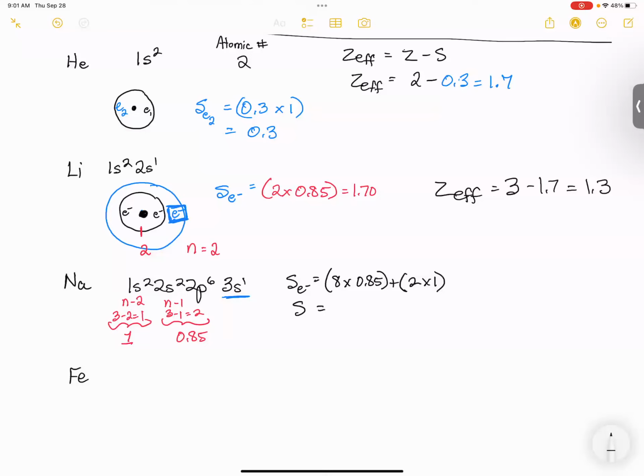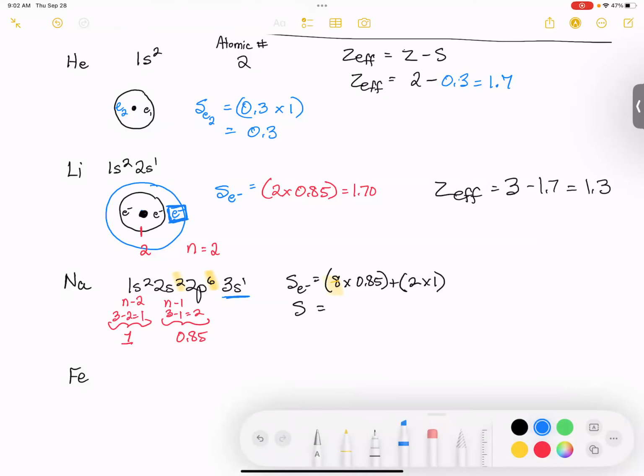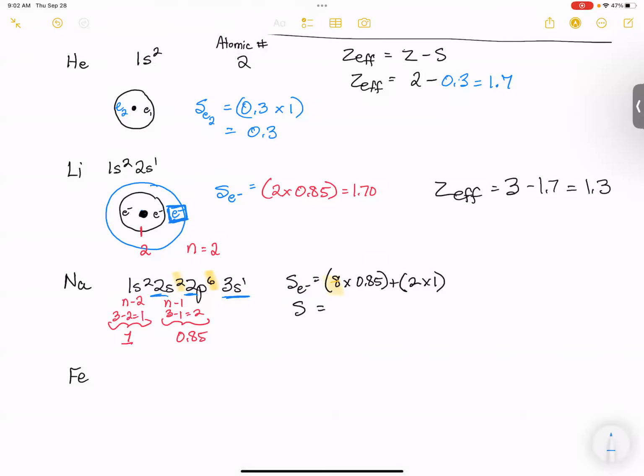So I was asked, where did this 8 come from? Where does that 8 come from? It comes from 2 plus 6, because those are both in the 2. Okay.